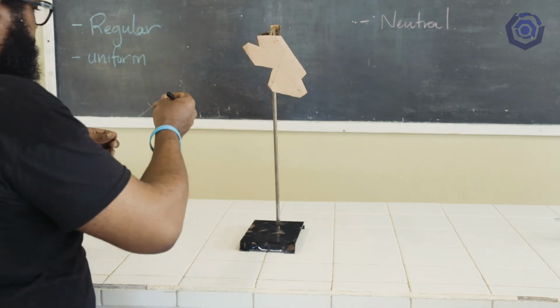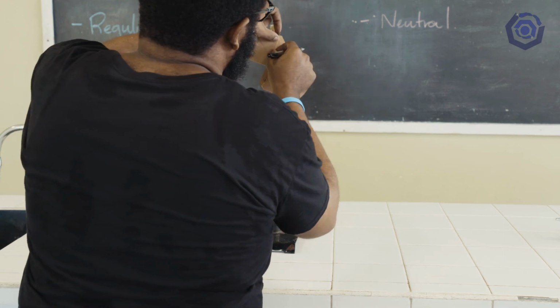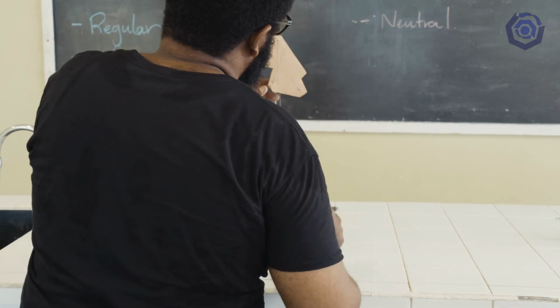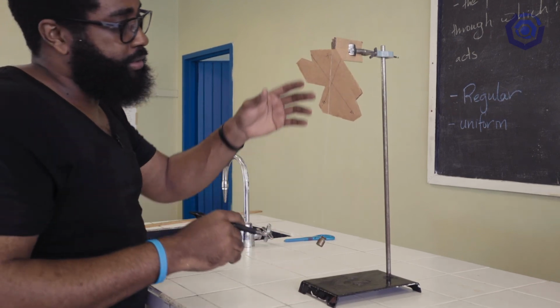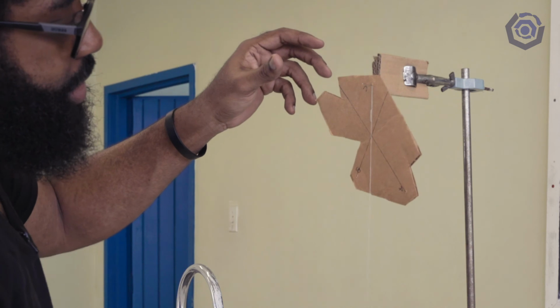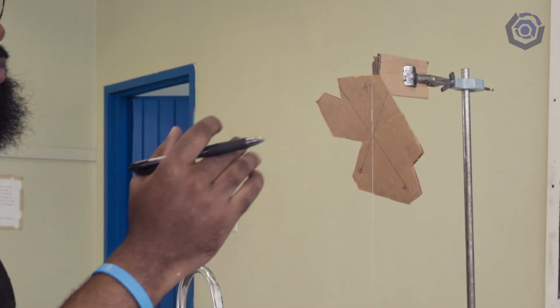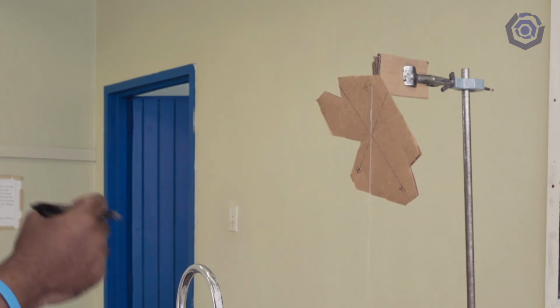Again, we suspend our little plumb line. And if you notice, just by looking at our lamina, we see that if it just comes to rest, we see that the string passes through the point of intersection of the two lines previously drawn.